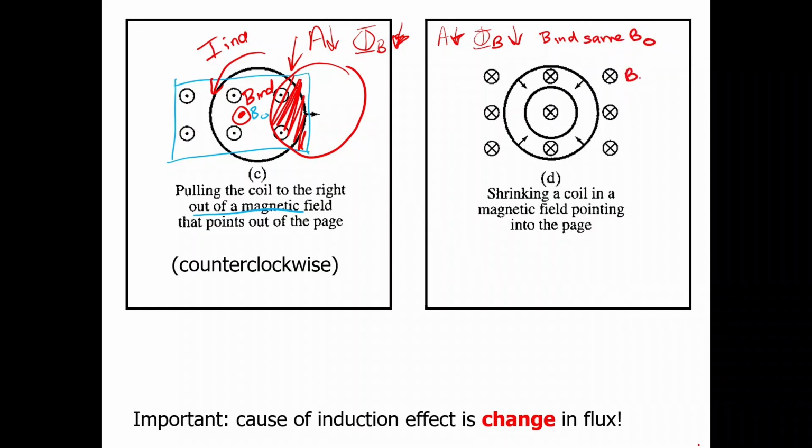Our B0 is into the page, so we need our B induced to also be into the page. If you put your thumb into the page, that's going to cause a clockwise induced current. So we get clockwise.